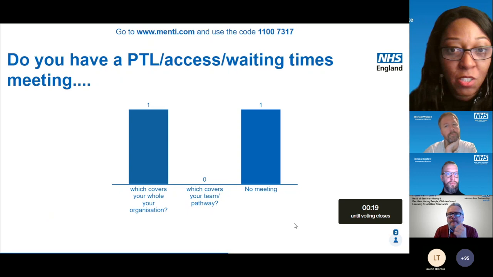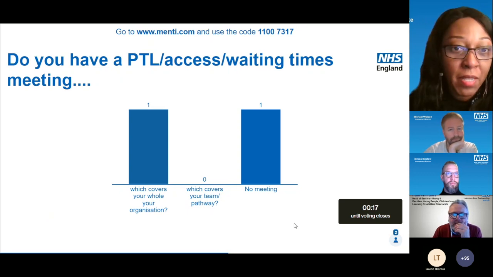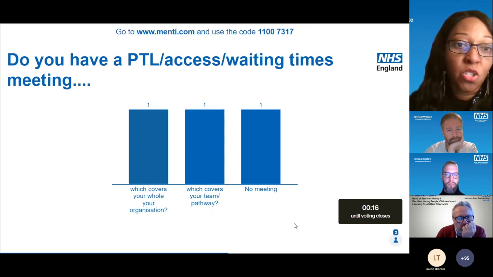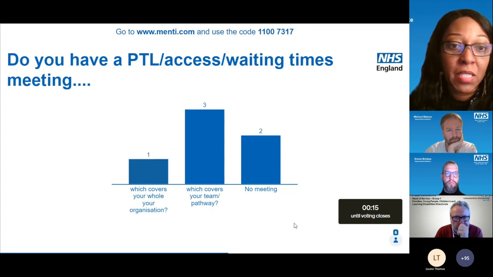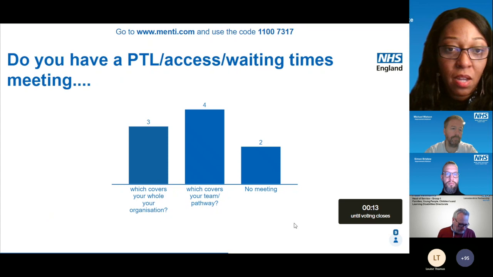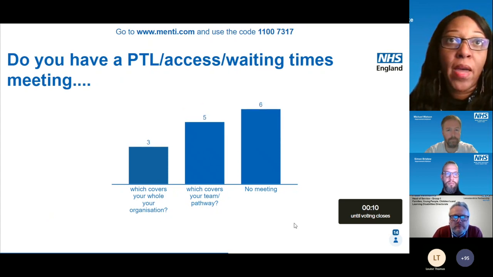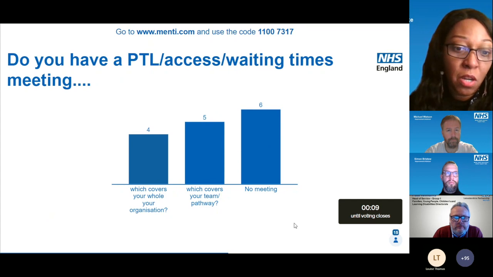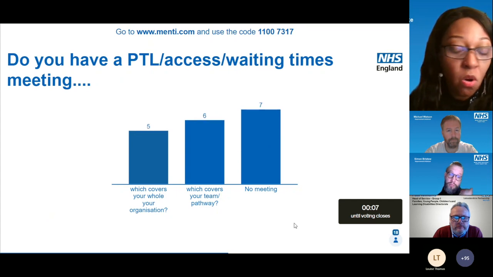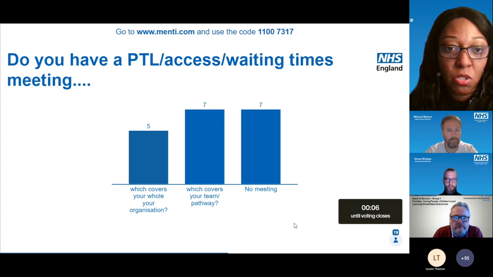And I see that you're all now becoming familiar with using the Menti. So the question is, do you have a PTL access or waiting times meeting in your service at the moment that you recognise, and what level it covers, whether it's the whole organisation, team, or whether you don't have a meeting at all?